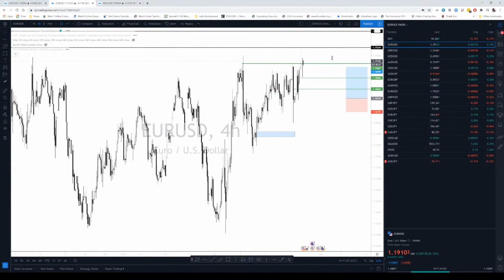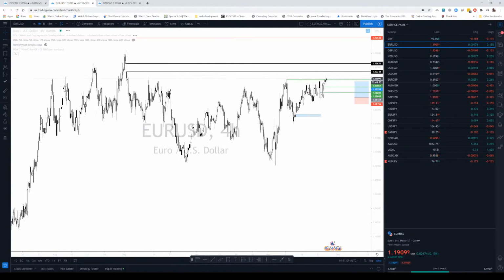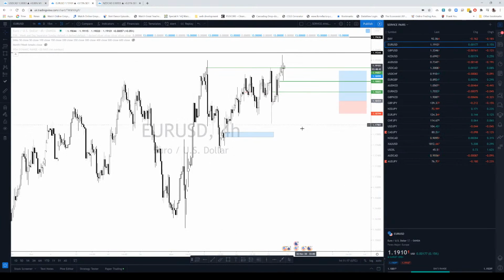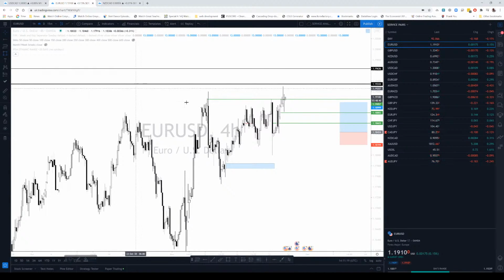So particularly I'm looking for a continuation on the upside on euro after the stop run that happened here. Okay, this is a bull run. It's going to go up, so we are looking for this kind of move to the upside.